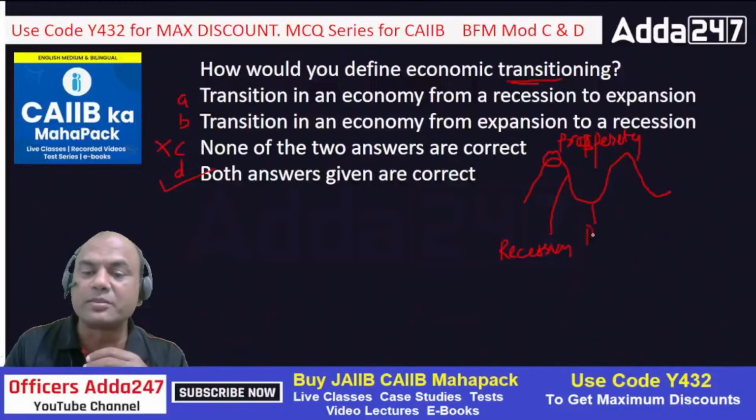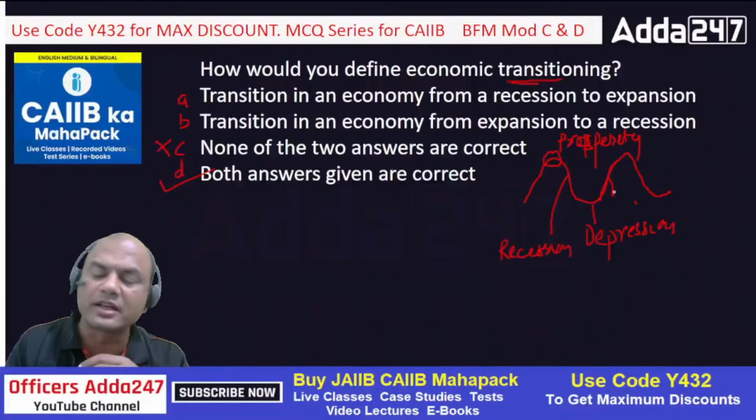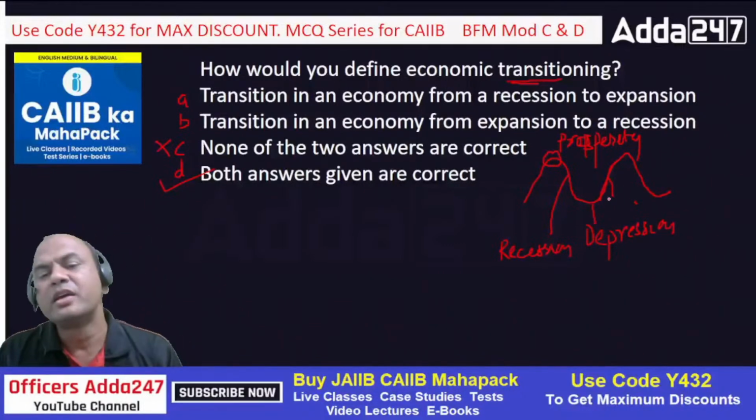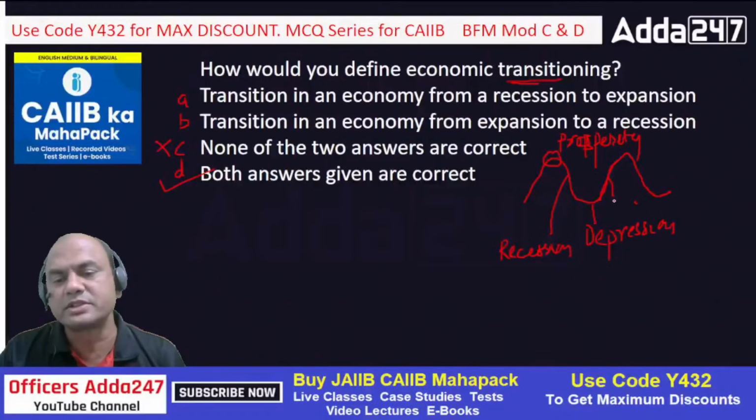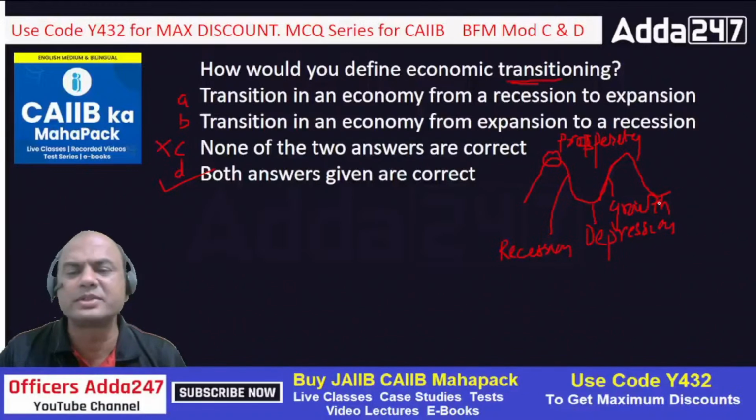This is known as depression. And from depression, again it starts. That's called the upward movement, or the growth phase. So these are the four phases of any business, or any economy also. It moves in these four directions only: growth, prosperity, recession and depression.